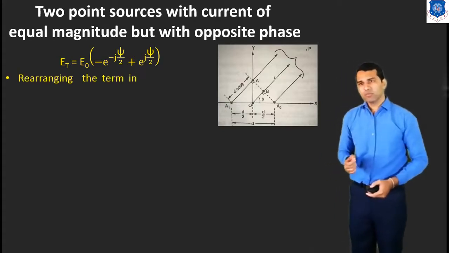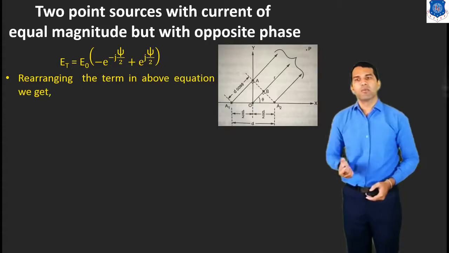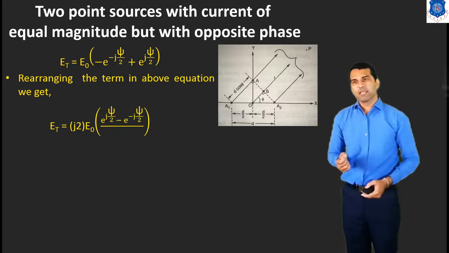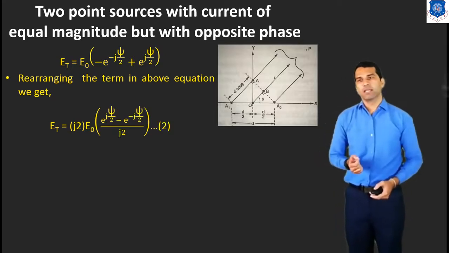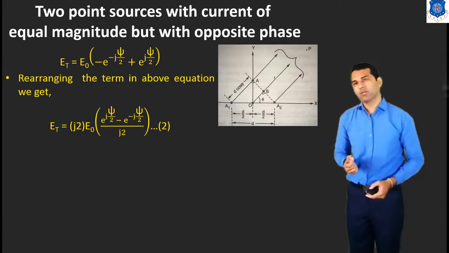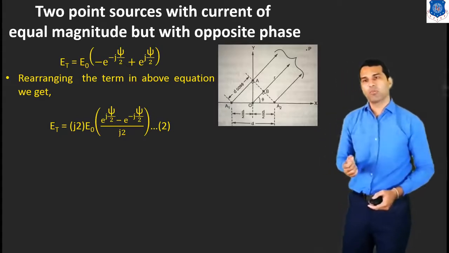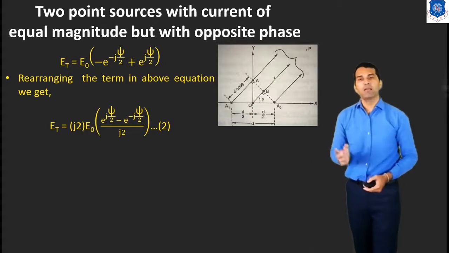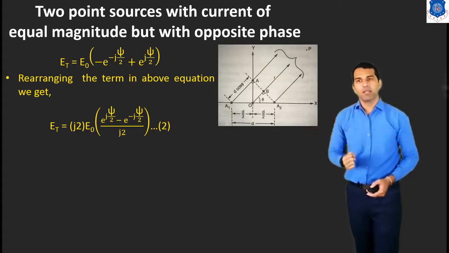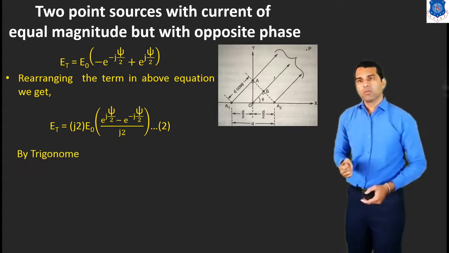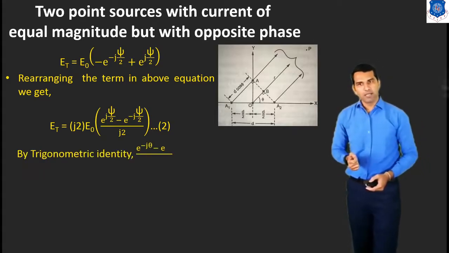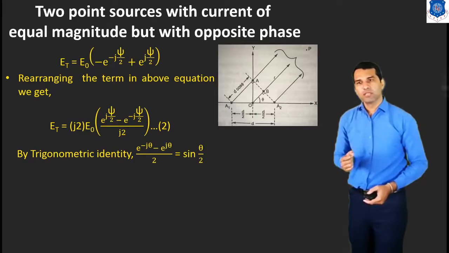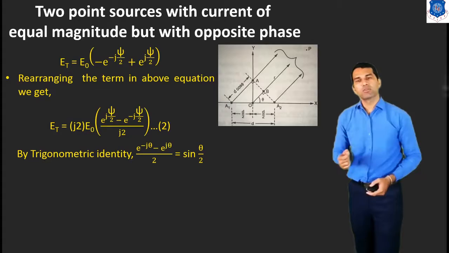Now we rearrange the terms in the above equation. So we can write this equation as ET equals 2j E0 times e raised to j psi by 2 minus e raised to minus j psi by 2, upon 2j. We have simply divided and multiplied this equation by 2j. By trigonometric identity, e raised to j theta minus e raised to minus j theta, divided by 2j, is equal to sine theta.